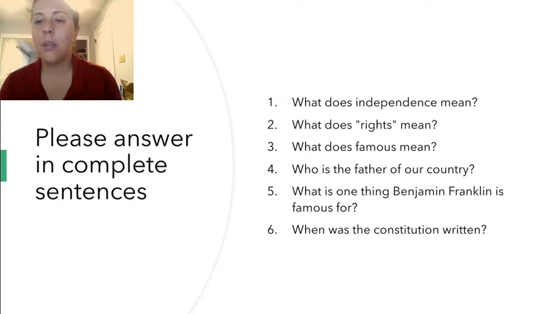Number 2, what does rights mean? Answer. Rights means things the government lets you do. Okay? Let's look at number 3.